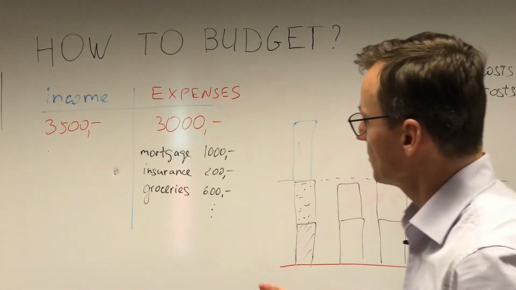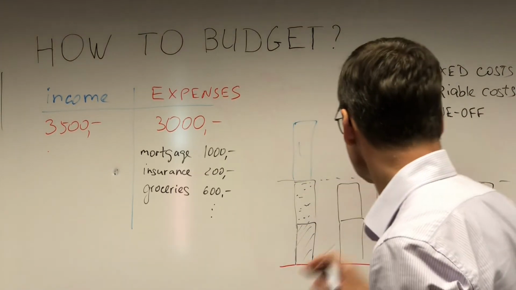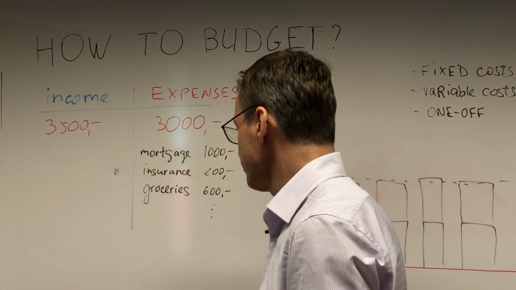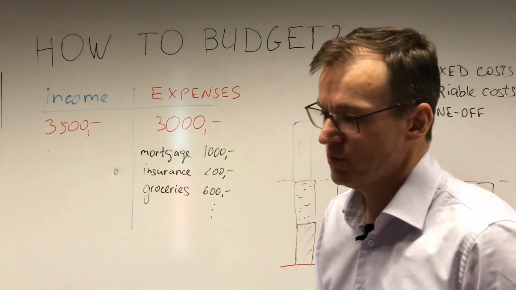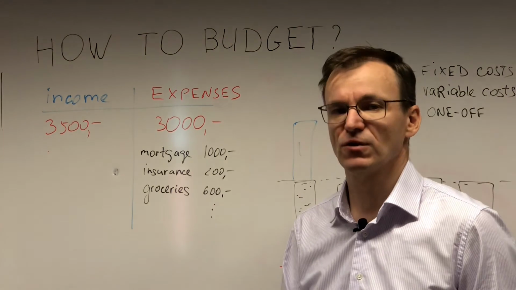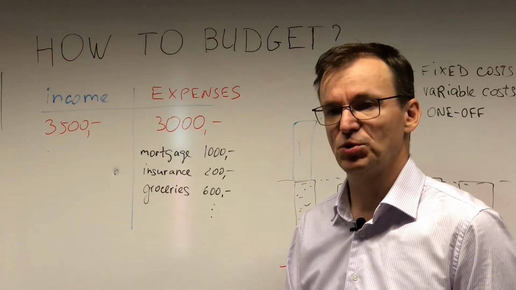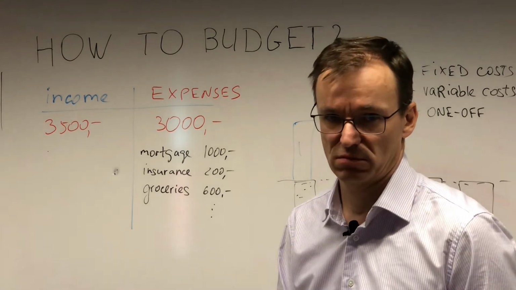So you need somehow to get an idea of such one-off payments, and the best method which I would recommend is first of all to look at the costs which you have each year anyhow.